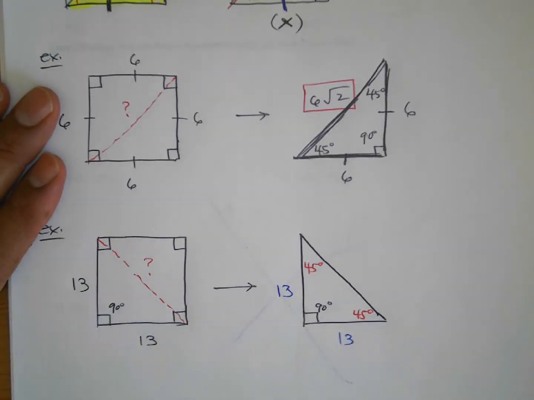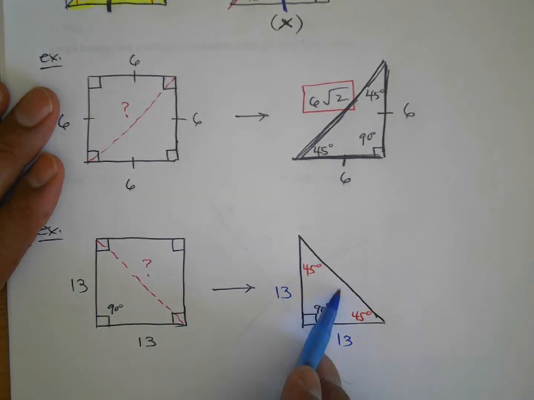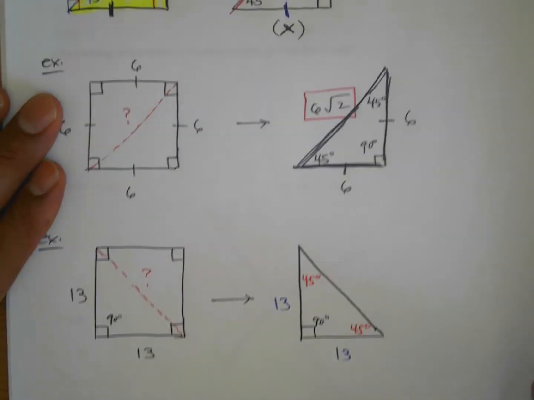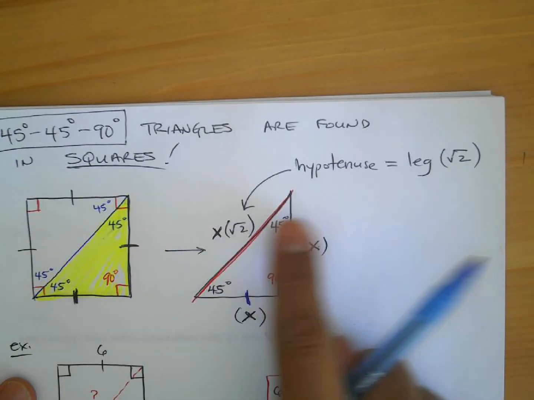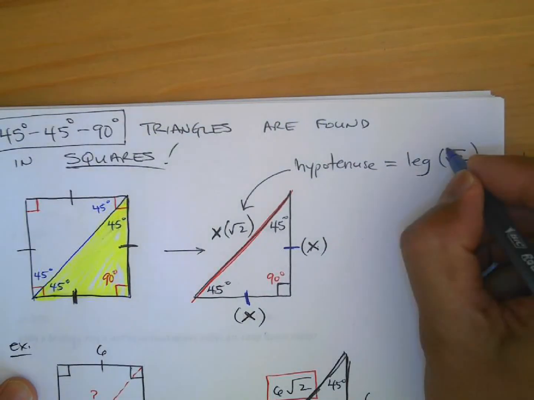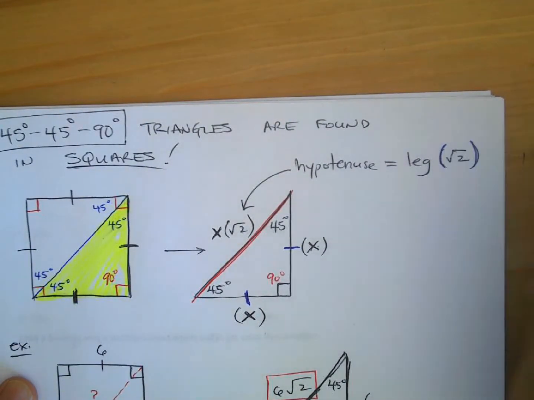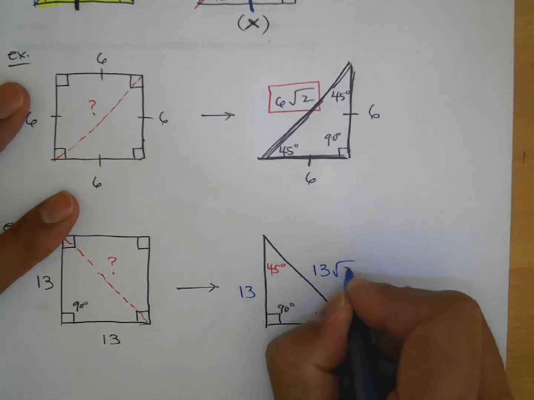What's going to be the measure of this diagonal side? Not 13. Not going to be the same as this. The hypotenuse is whatever the leg is times root 2. So it's going to be 13 root 2.